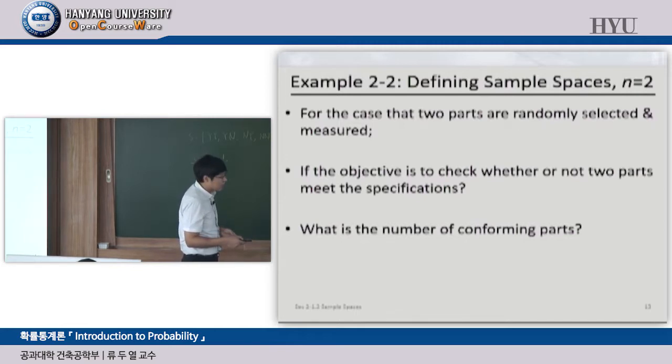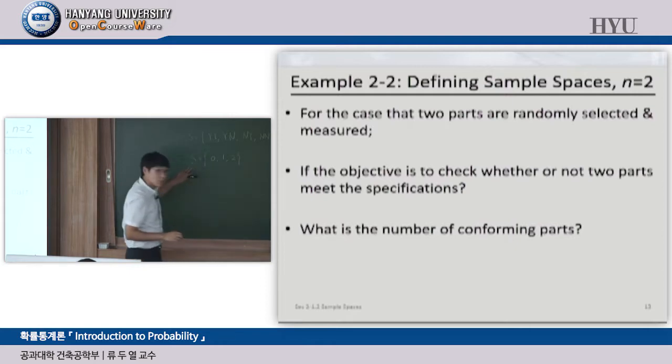In that case, the number of conforming parts will be 2. Okay? So this is the sample space for this question. And this is also discrete system. We can count the number of items included in the sample space. Okay? This is the number of the conforming part.